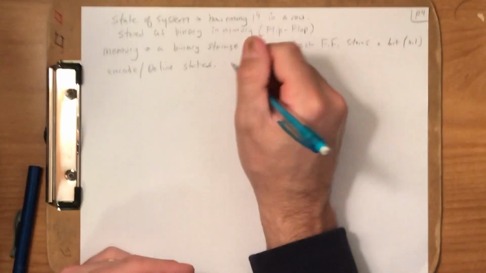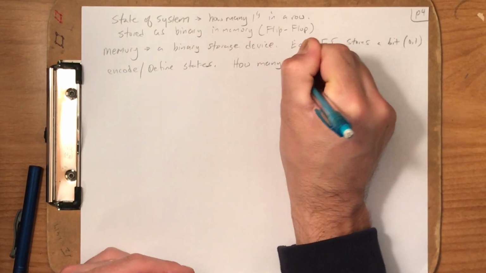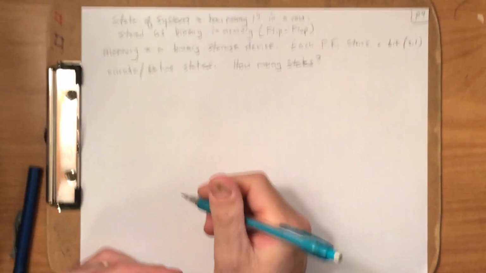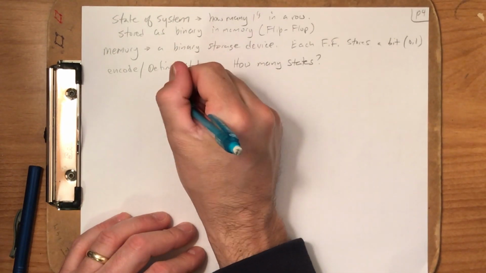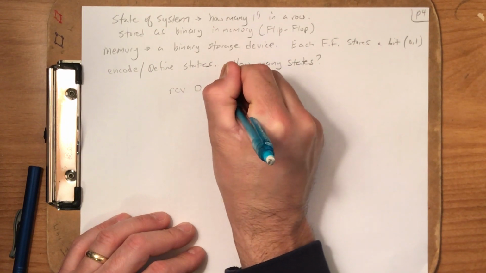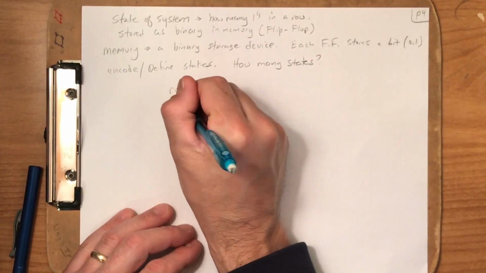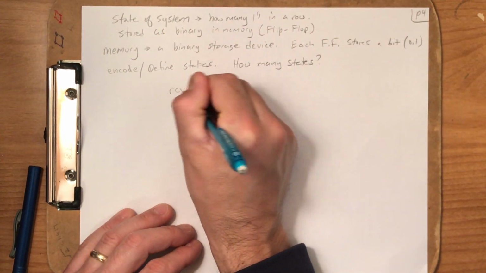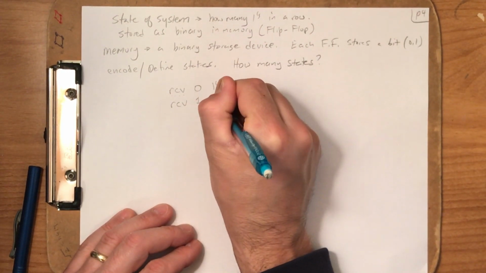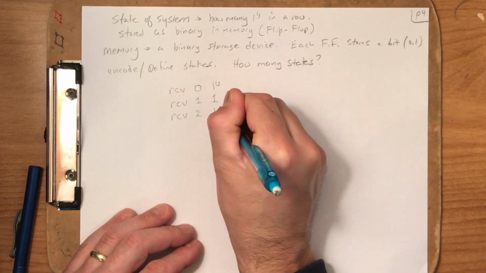We've got the state, that's a state. We've received 0 ones. This is receive, RCV. We've received 1 1. Received 2 ones.